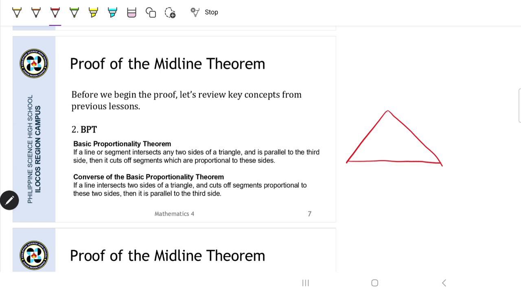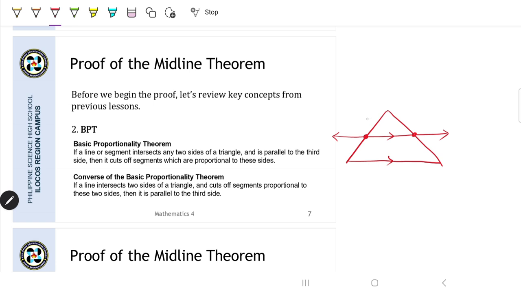and a line or segment intersects any two sides of this triangle, suppose let's draw a segment or line right here, and that line intersects your two sides of the triangle, and this line is also parallel to the third side, then there is a proportion to the different segments cut off by our line.